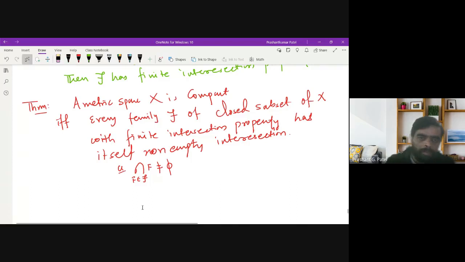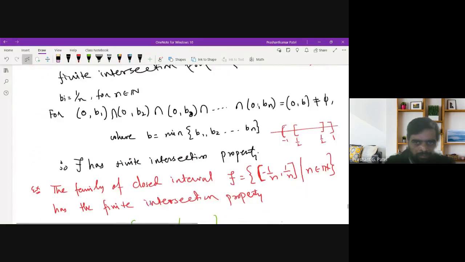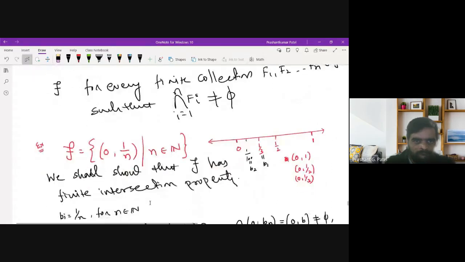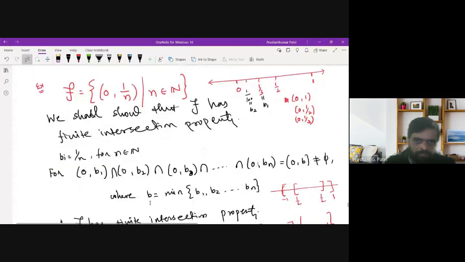So that is the equivalent result for a compact metric space. For example, you can pick up the first one. Can I say that the intersection of all these intervals, 0 to 1/n, n from 1 to infinity, is non-empty?